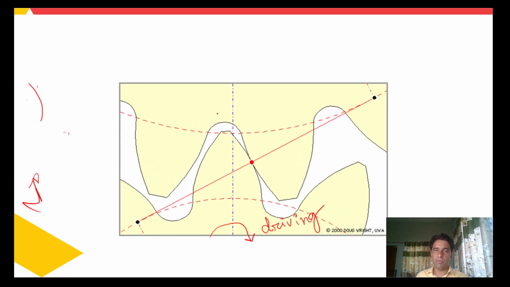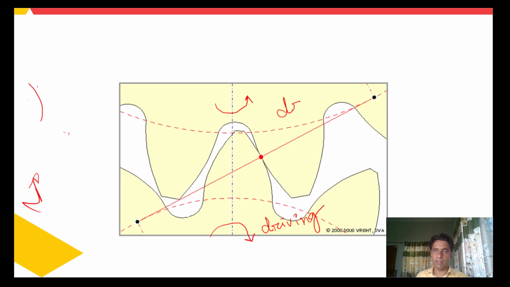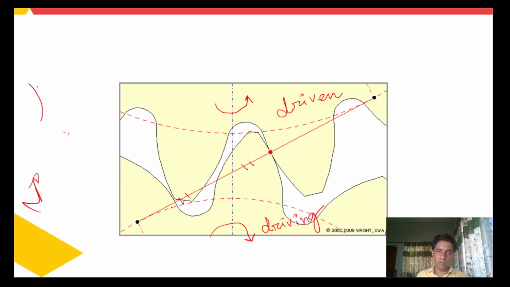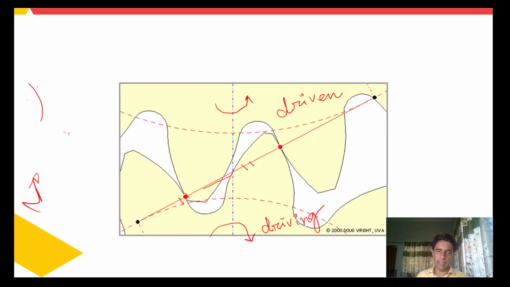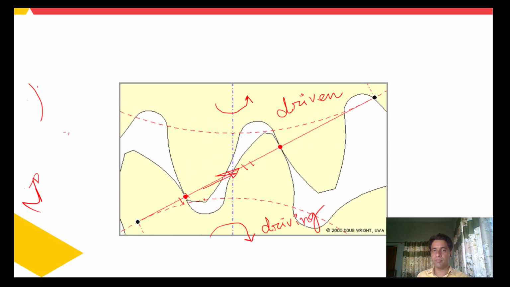And this gear which is moving in the counterclockwise direction is called the driven gear. Right. And this line which you can observe is called the line of action. So motion or the power is transmitted along this line, right? So this is called line of action.